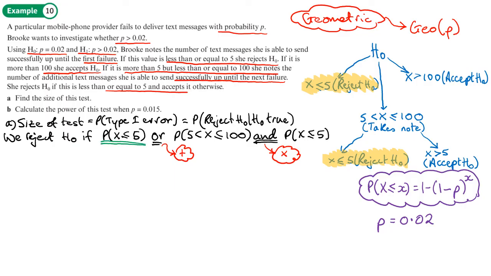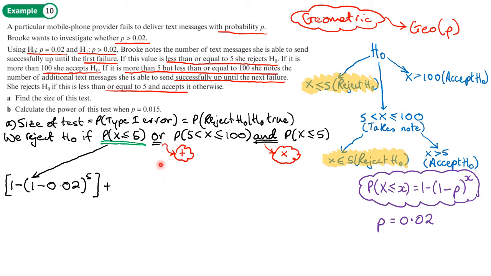So the probability that X is less than or equal to 5 is going to be 1 minus p, which is 0.02, to the power of 5. Okay, so that's that bit.